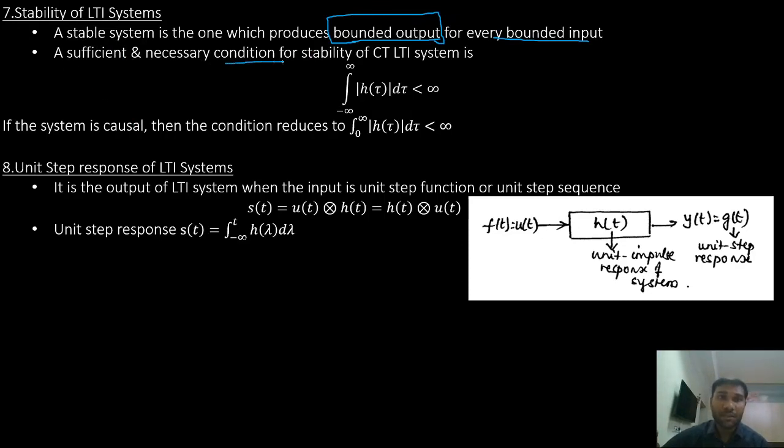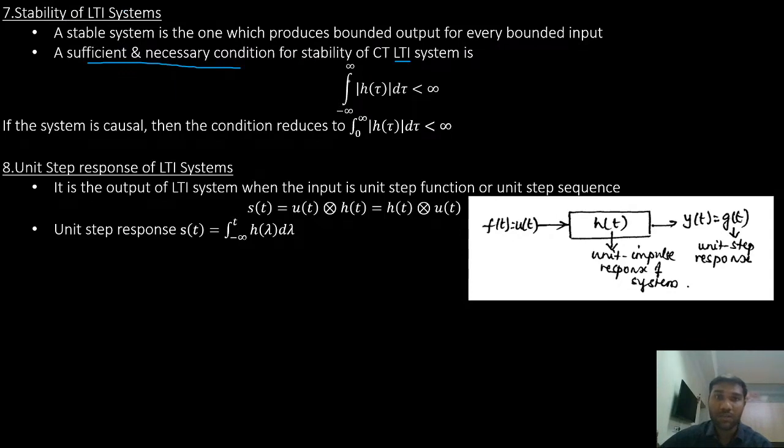So what is the condition that is sufficient to prove that a system is stable? If I look at the impulse response, my LTI system can be completely characterized in terms of impulse response. So based on my impulse response itself, I can find a necessary and sufficient condition to find the stability of LTI system.